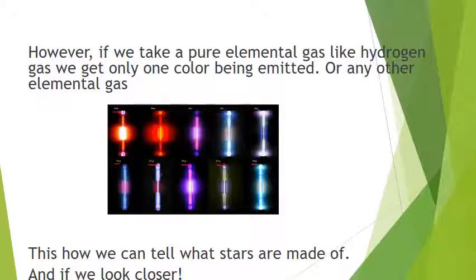If it's giving off this color and this color here, they know it's mostly made of oxygen and mercury. Okay, that's cool. But now let's take a little bit closer look. So it's not white. They're very specific colors. But let's look even closer.